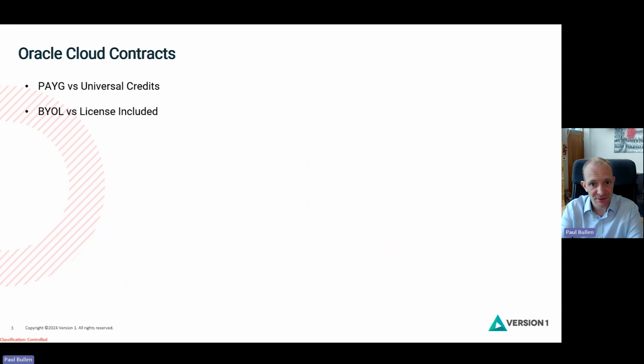That has its own separate topic about negotiating with Oracle for that purpose. Make sure you get the right usage rights and the contracts are well formed on that basis. But making sure that you get that BYOL versus license included balance right is really key to your overall spend, and absolutely has to feed into any sizing and forecasting you have.